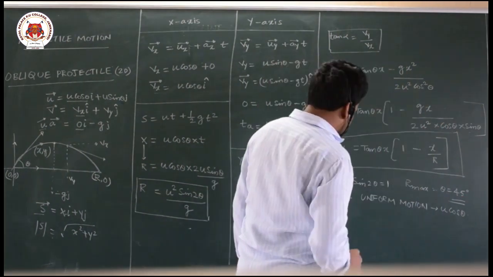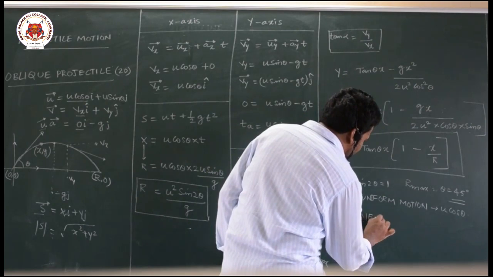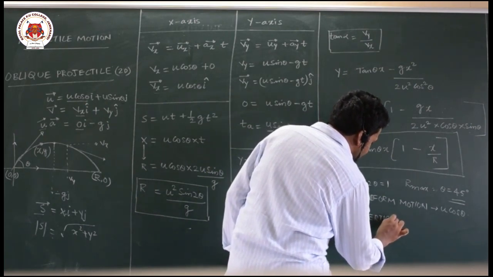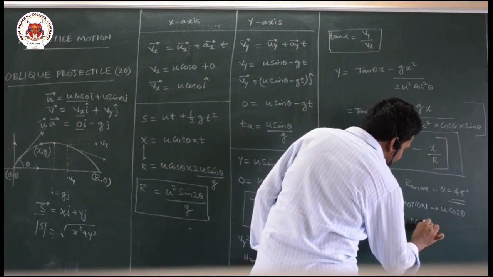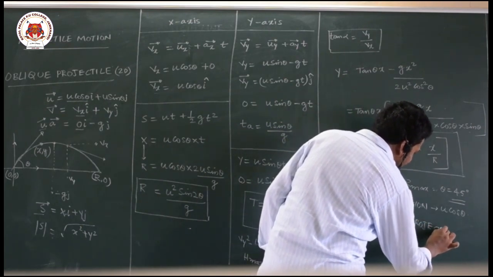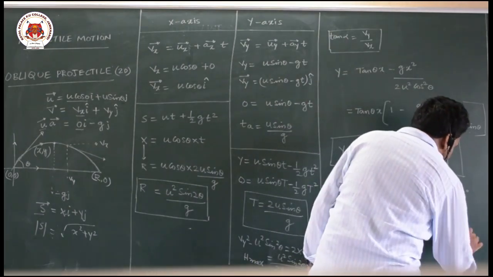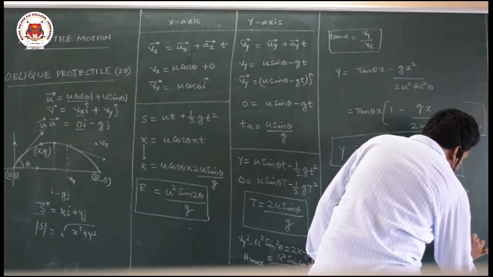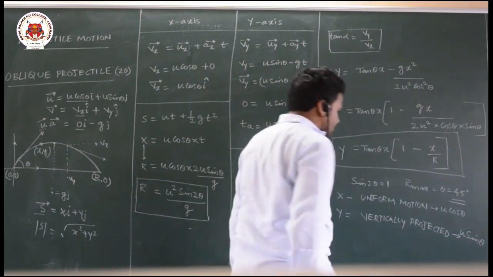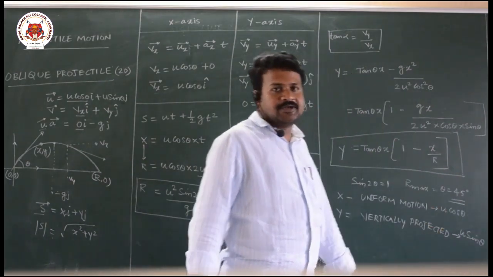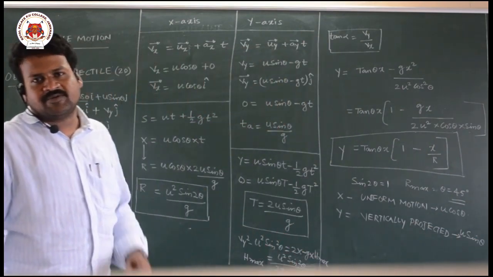Uniform velocity is moving. Along the y axis it is acting like a vertically projected body with a velocity u sin theta. Two motions are there here, that's why it is called two dimensional. So projectile motion can be simply defined in one line only.